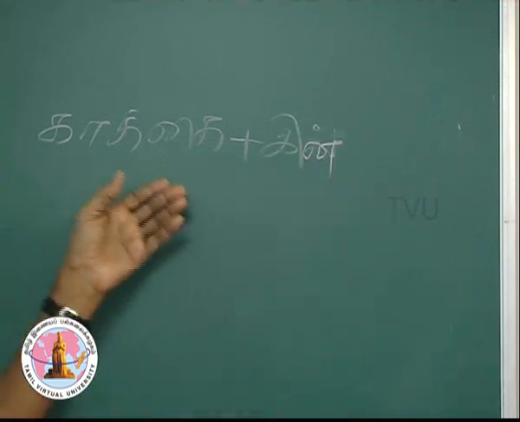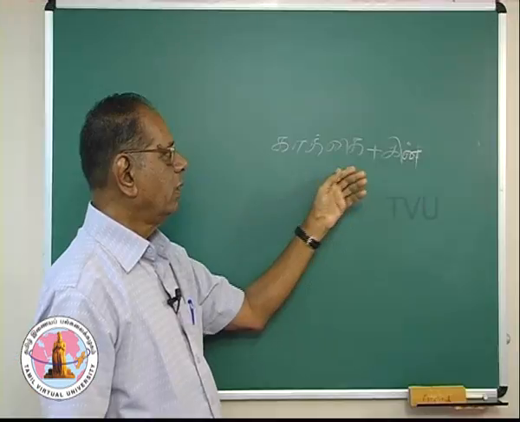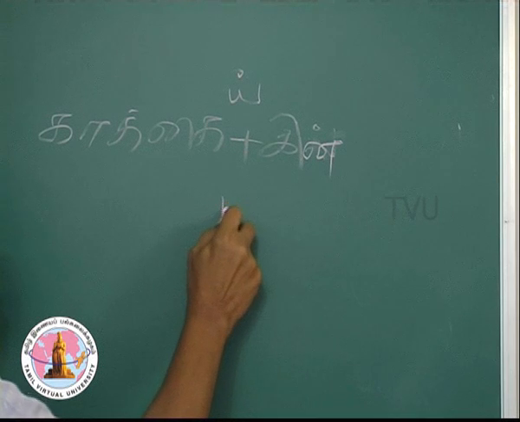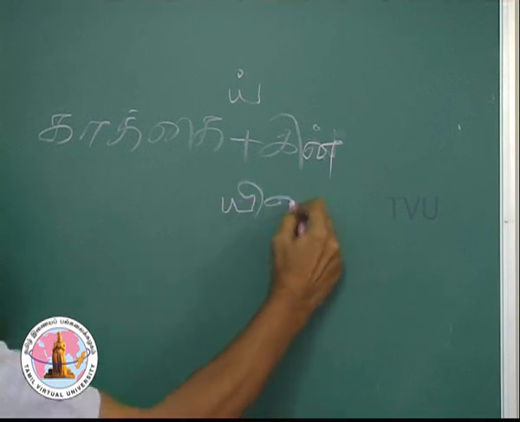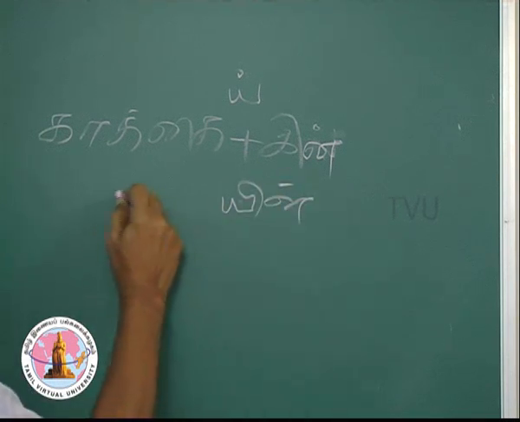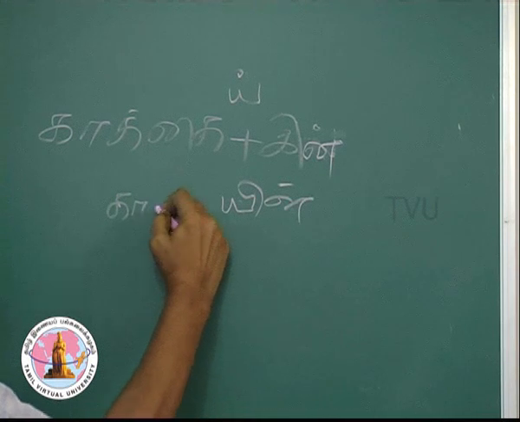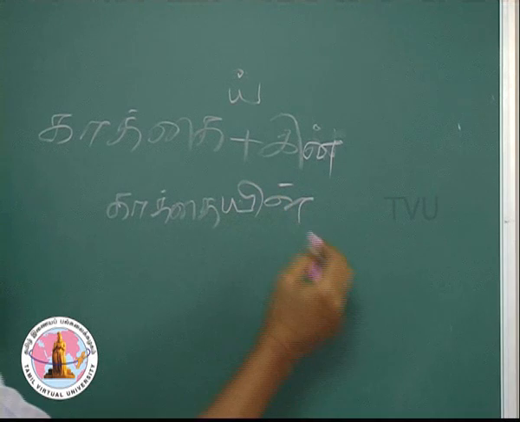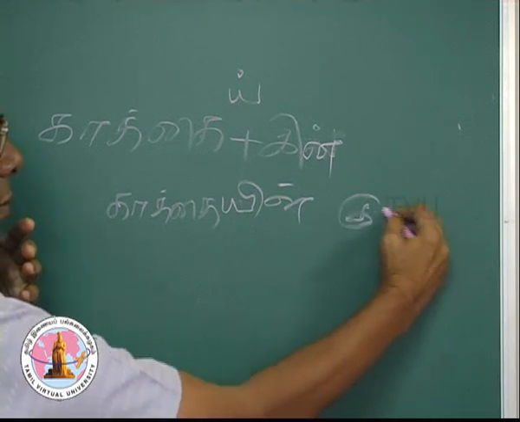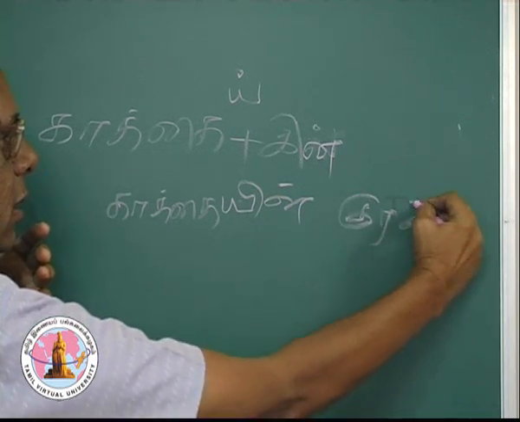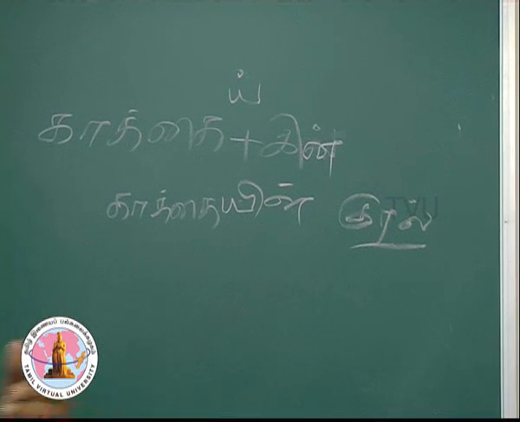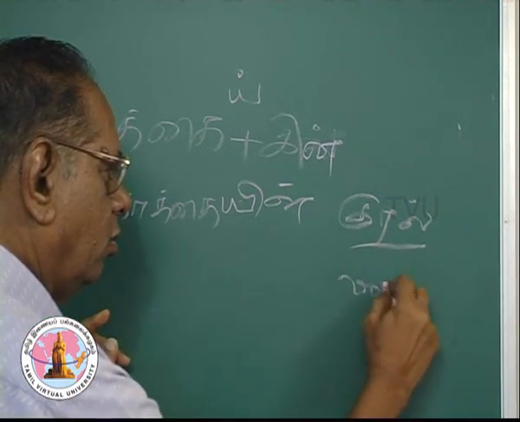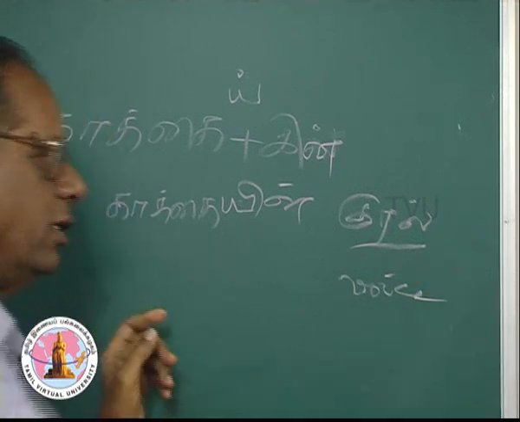This is Kakkai, a crow. Kakkayin, you introduced a semi vowel, so this becomes Kakkayin. Koral is a new word you are learning now. Koral is voice.